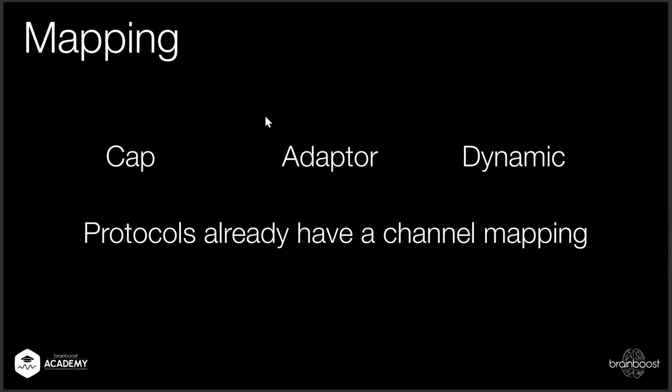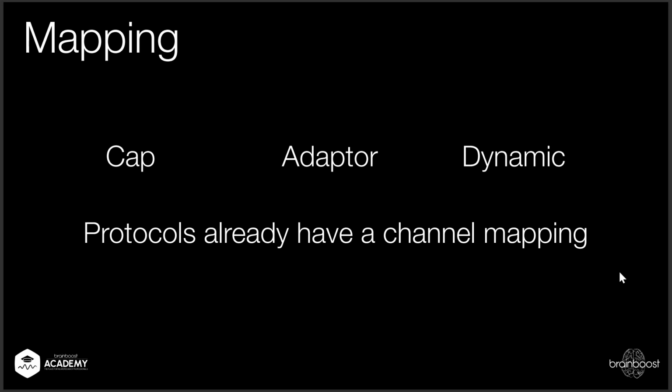Now the mapping that I showed you. If you have a cap, then it's already safe for our software to know this electrode is there because you cannot move these electrodes away. If you have an adapter, so you have many different cables hanging around, you can use dynamic mapping because protocols already have a channel mapping.